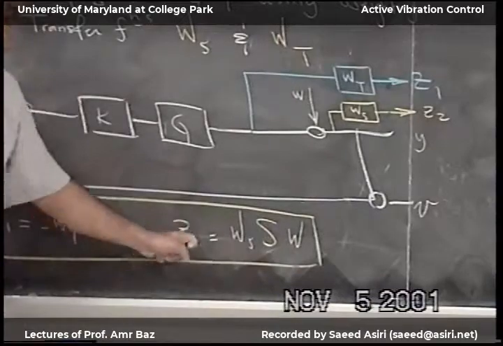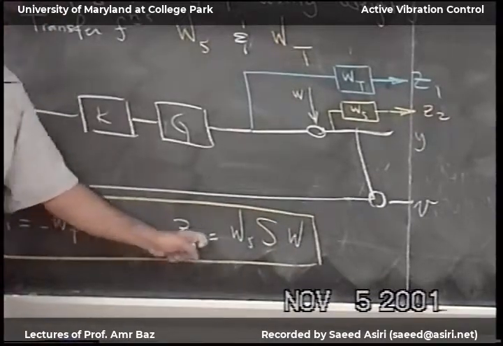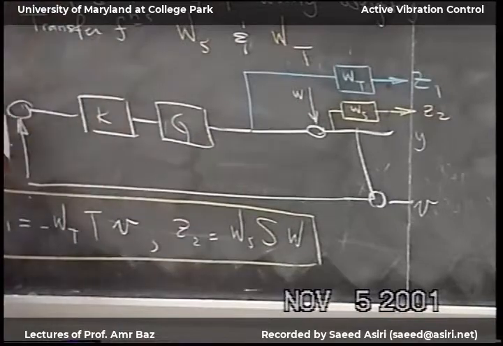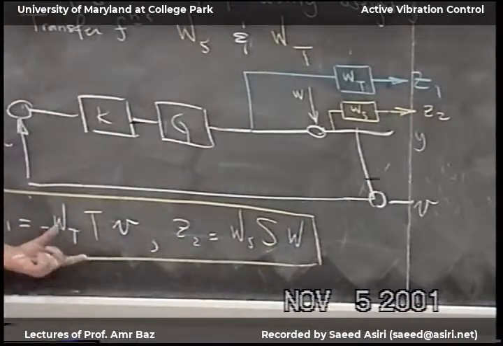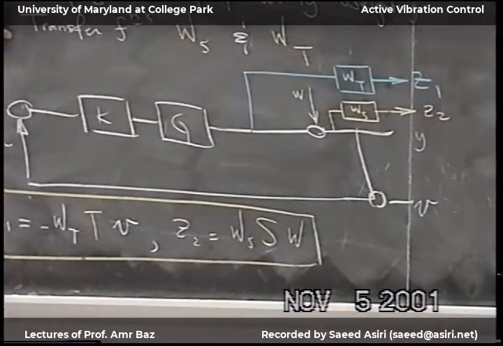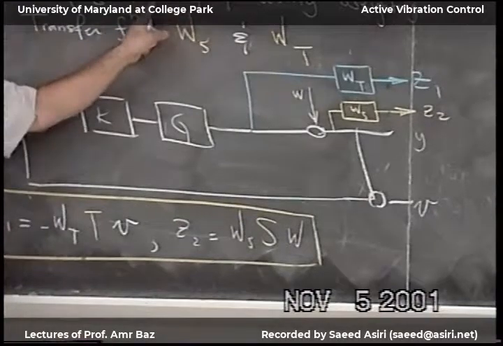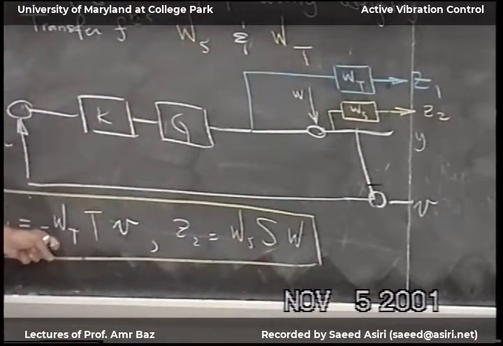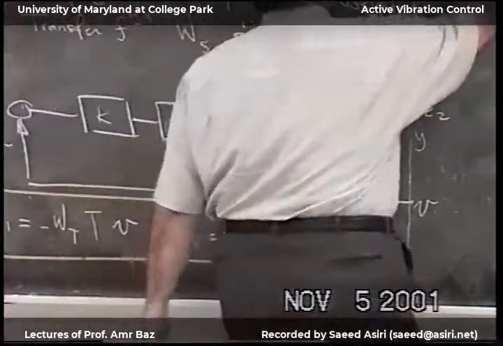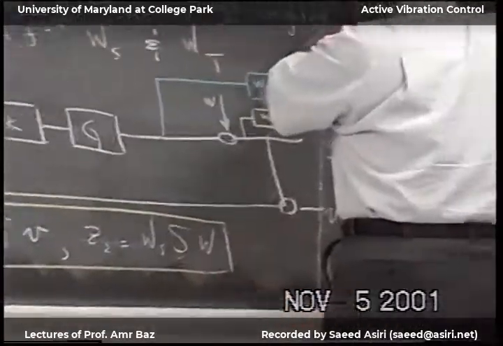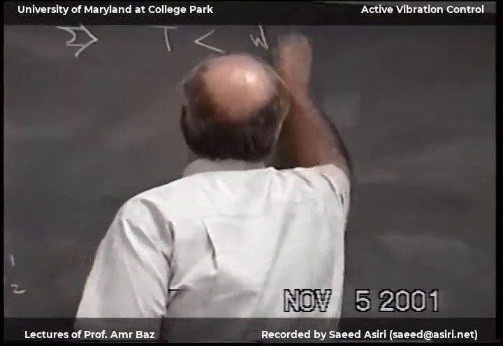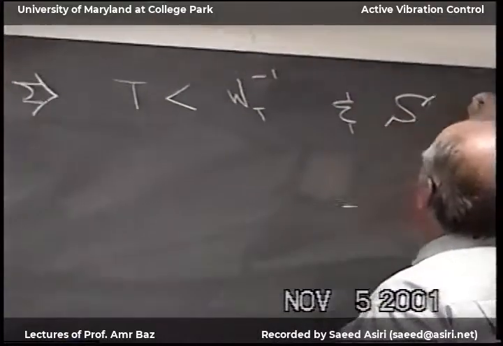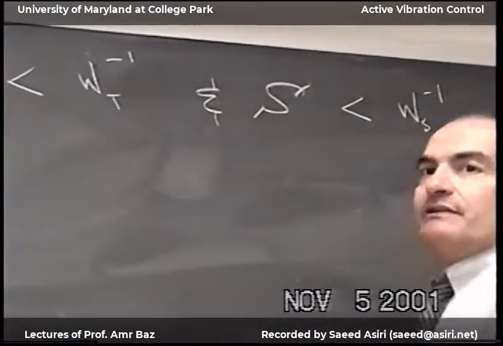I want the transfer function between what happens because of the external disturbance as small as possible. So I want to make the norm of this, the absolute value of this, very small, the absolute value of this, very small. So now we can shape the required S and T by proper weighting matrices. And we will show some examples how to do it. So now from here, we said I have to have the T bounded by WT inverse, and the S bounded by WS inverse.